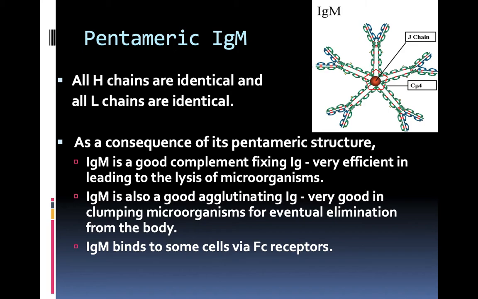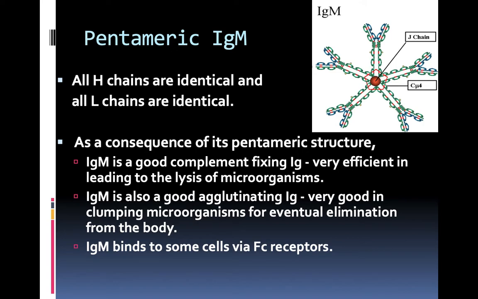Here we can see the presence of the J chain, which we first identified in association with our secretory IgA. And if we take a look at the heavy chains and the light chains of pentameric IgM, they're all identical.